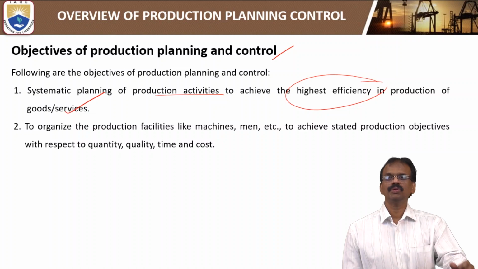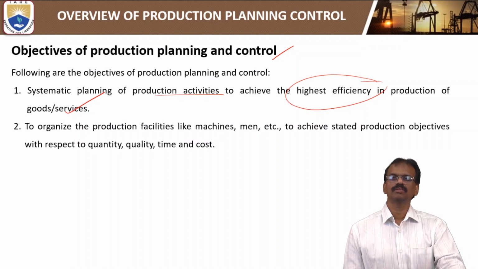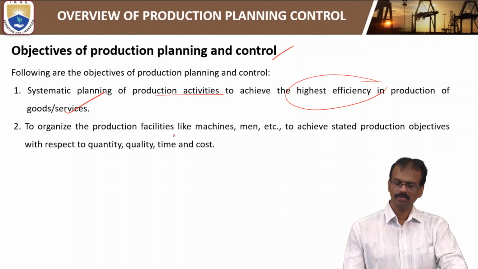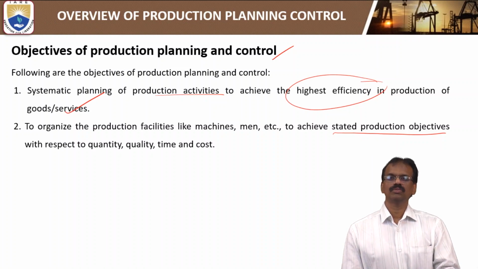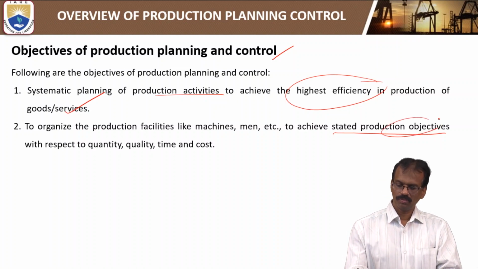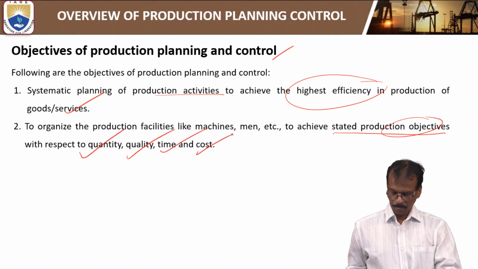So effective utilization of these resources to organize the production facilities to achieve the stated production objectives. By effective utilization of these resources, we will gain the predetermined objectives with respect to quantity, quality, time, and cost.